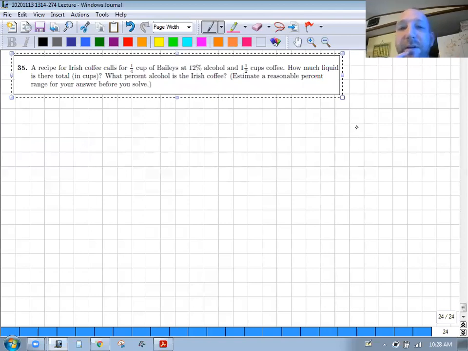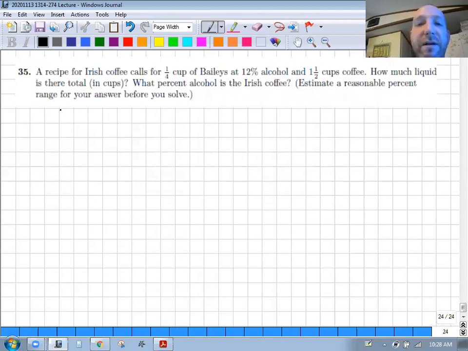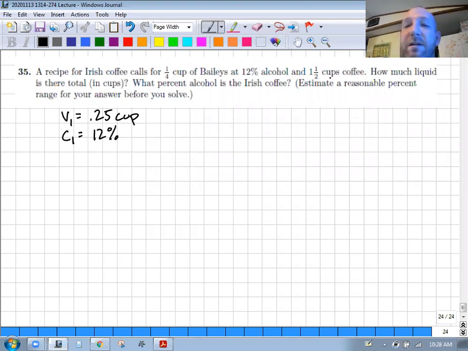All right, a recipe for Irish coffee calls for a quarter of a cup. V1 is a quarter of a cup, 0.25 cups of Bailey's at 12% alcohol. And then 1.5 cups of coffee, which would have no alcohol.